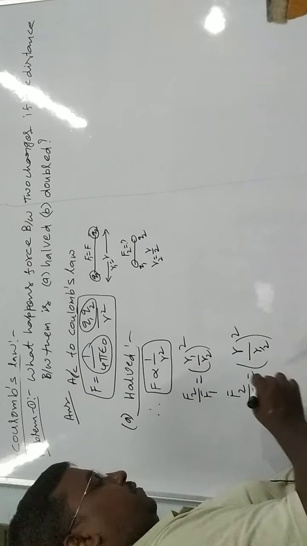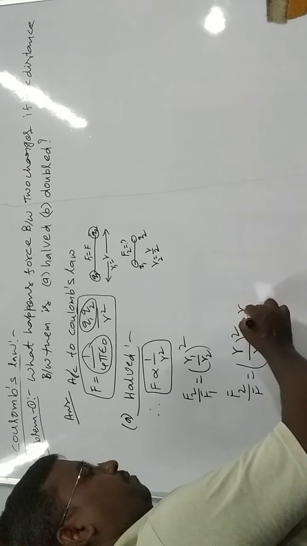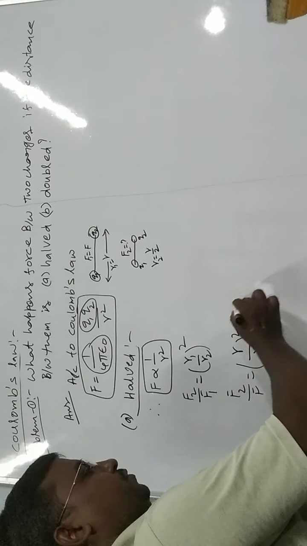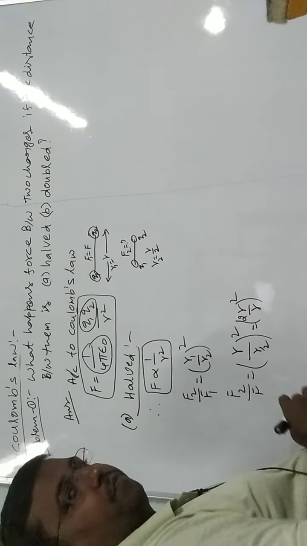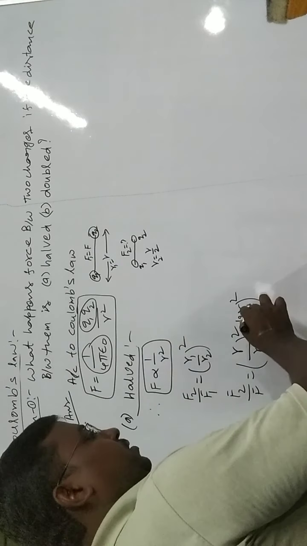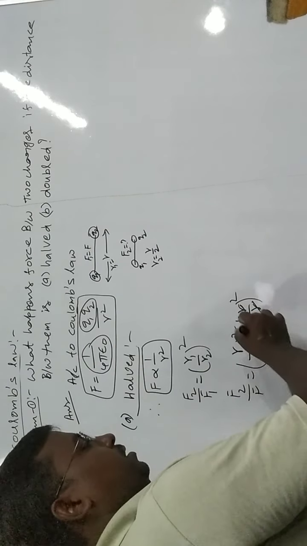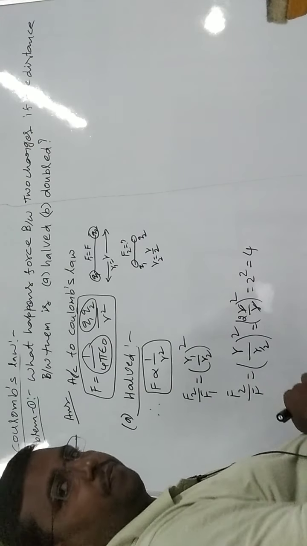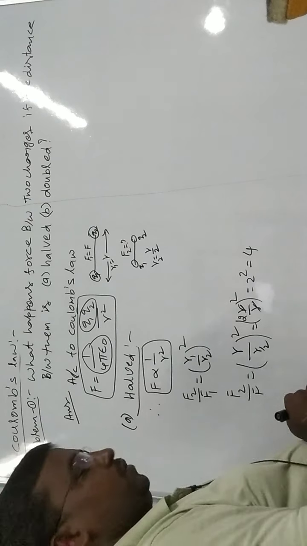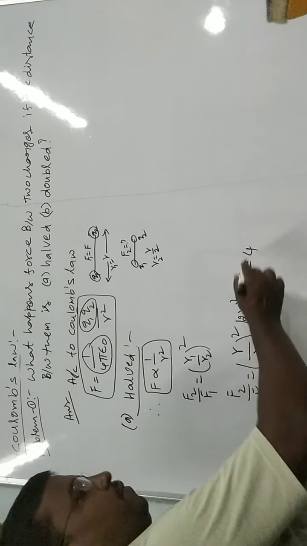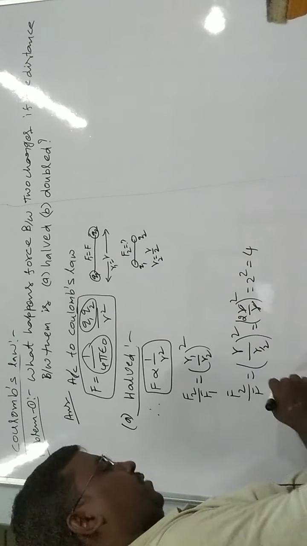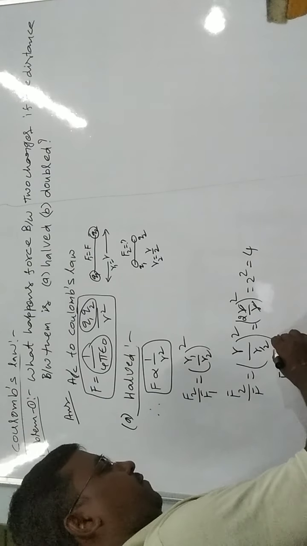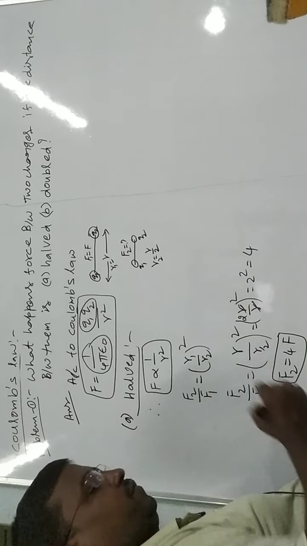Now we write this as R by R, and the remaining 1 by 2 moves upward, that is 2R by R whole square. So this R gets cancelled, then we get 2 square, which equals 4. So finally F2 by F equals 4, so F2 equals 4F.